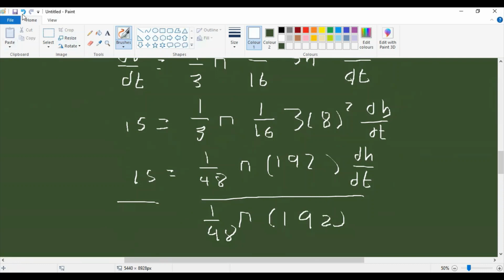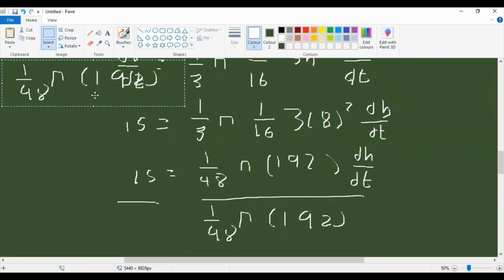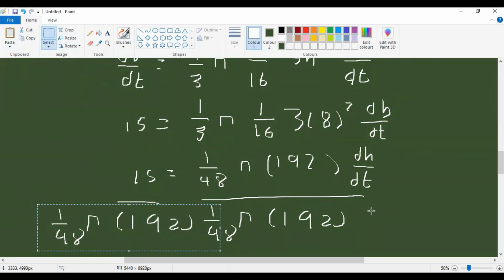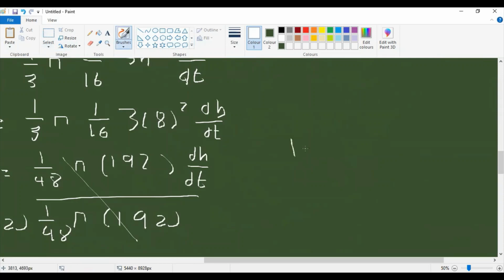So we will make this easier. We'll copy paste this, just like that. And this one will be cancelled. Then we copy this one. Oh, never mind. We will rewrite that 15 times 1 over 48 pi times 192 rather.